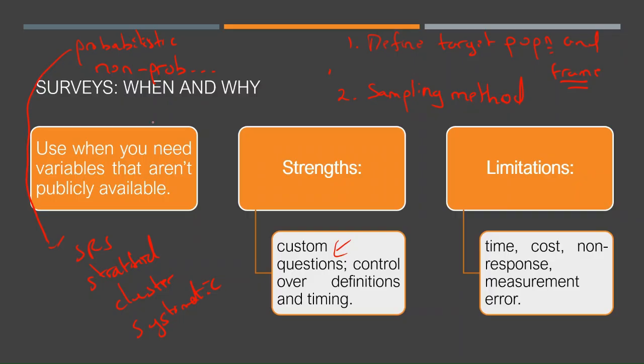All these are different probabilistic methods. You also have non-probabilistic, obviously. Non-probabilistic in the form of quota sampling. You have non-probabilistic in the form of convenience sampling. You have snowball sampling. All these are different sampling methods that exist that you might have to go through when you're collecting your data.